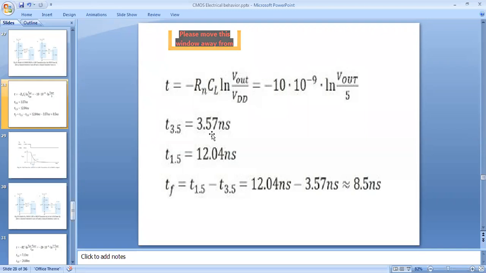After that, take V out as 1.5 and again calculate t. That t is mentioned as t at 1.5.